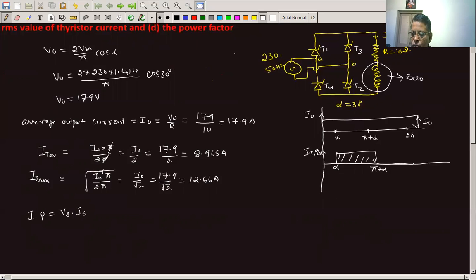If we draw the source current waveform here, as long as T1, T2 is conducting, the source current is positive, equal to the load current. From pi plus alpha to 2 pi plus alpha, the source current is negative.